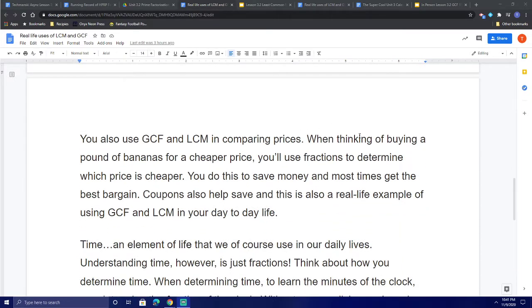When thinking of buying a pound of bananas for a cheaper price, you'll use fractions to determine which price is cheaper. You can do this to save money and most times get the best bargain. Coupons also help save, and this is also a real-life example of using GCF and LCM in your everyday life.